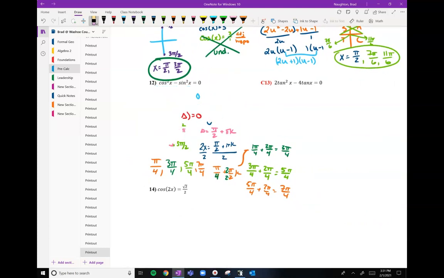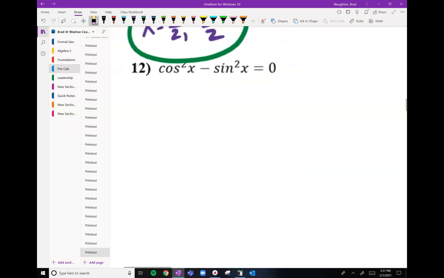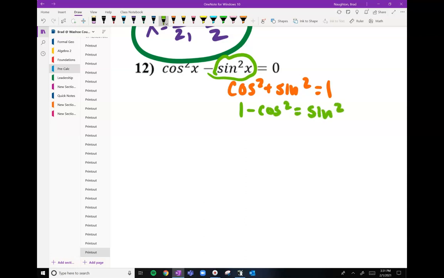Now, there is another way to do this, so I'm going to erase all this, and just because this is an optional video, I can take the liberties of doing this. Another way to do this is to use our Pythagorean identities. Remember that cosine squared plus sine squared is equal to 1. So if I wanted to make everything a cosine squared, I could rewrite this as 1 minus cosine squared is equal to sine squared.